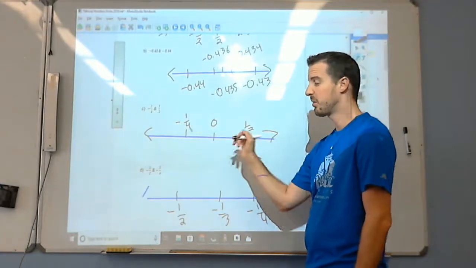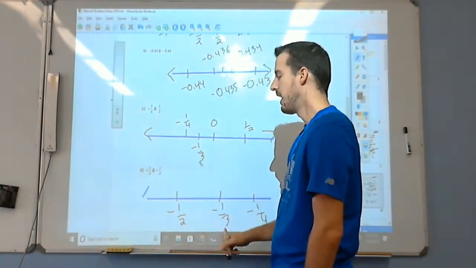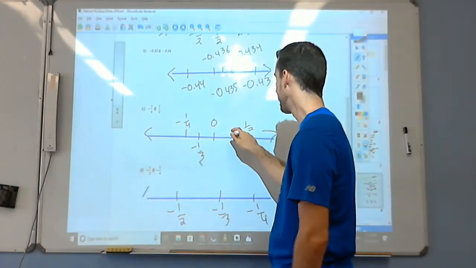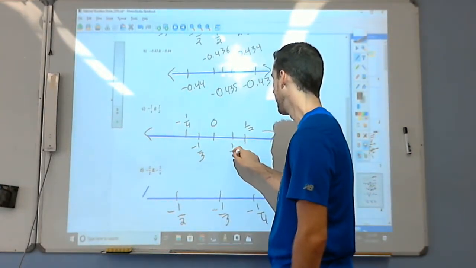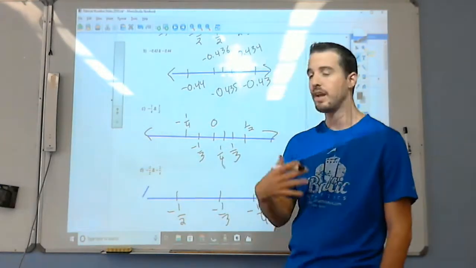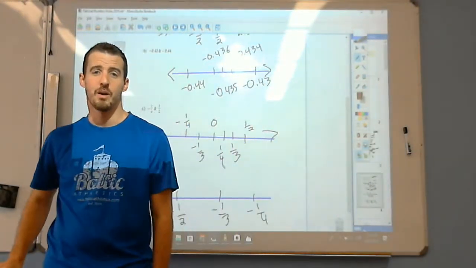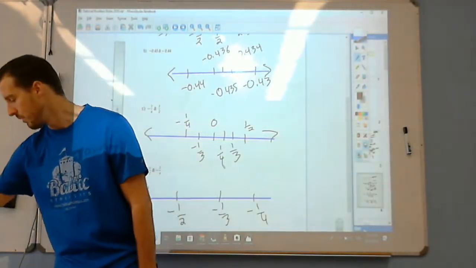So again, anything in between, you could do negative 1/3 again. You could go positive 1/3, right? And we could also go 1/4, okay? So any of these are valid options, totally not a problem, and that's how I would go with it. Okay, we're going to keep moving.